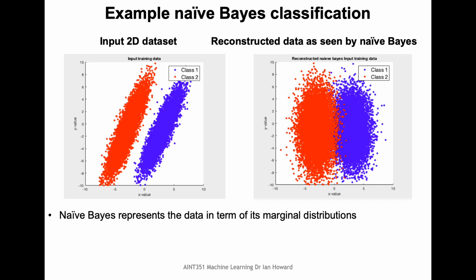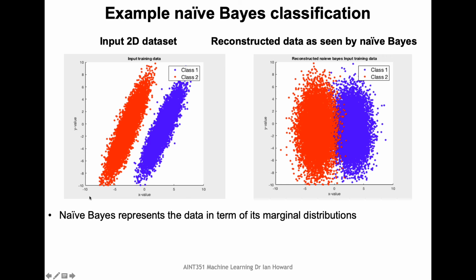And if we actually plot out what that corresponds to, if we sample from that naive Bayes representation of the data, what we see is x and y are now independent, and consequently, if we sample from it, we end up with samples which align with the axes. So the cloud is now aligning with the axes if you look at the principal component of the cloud.